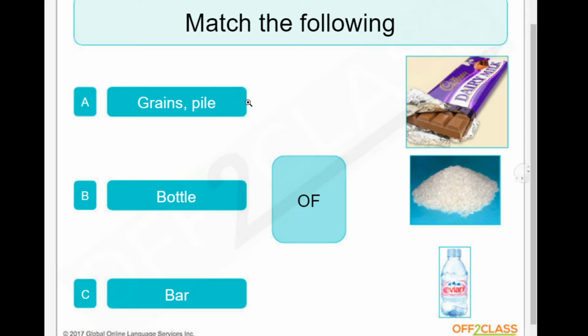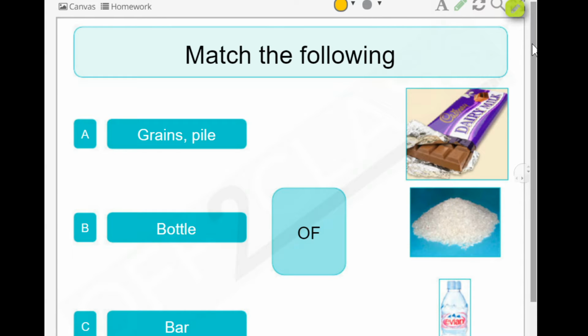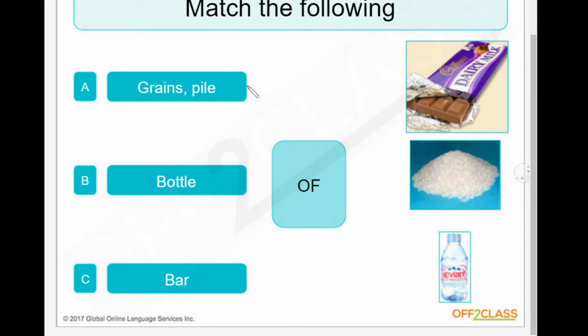Grains or a pile of rice. Let me get my pen real quick. Grains or a pile of rice. A bottle of water. A bar of chocolate.